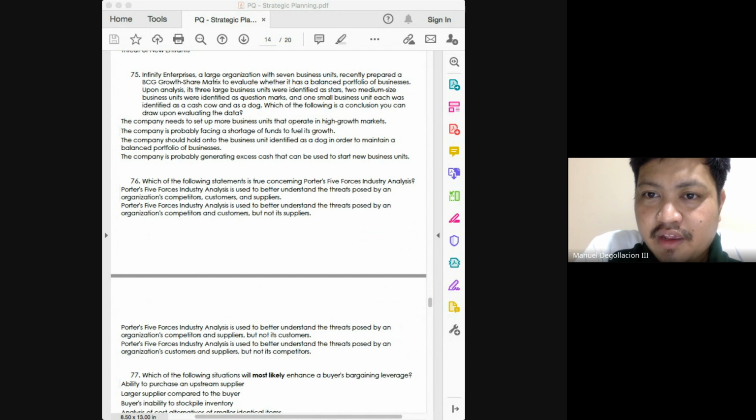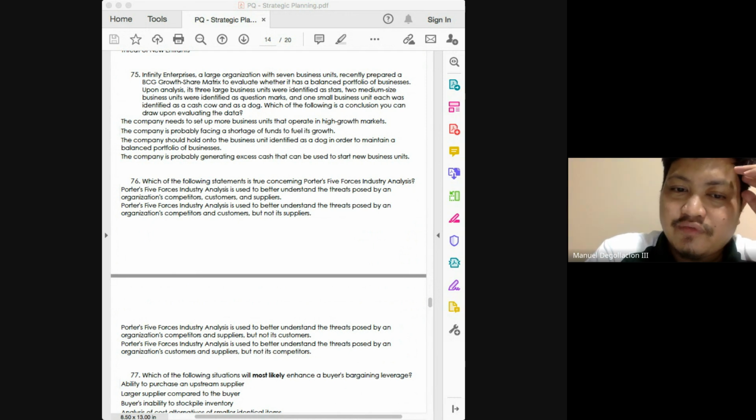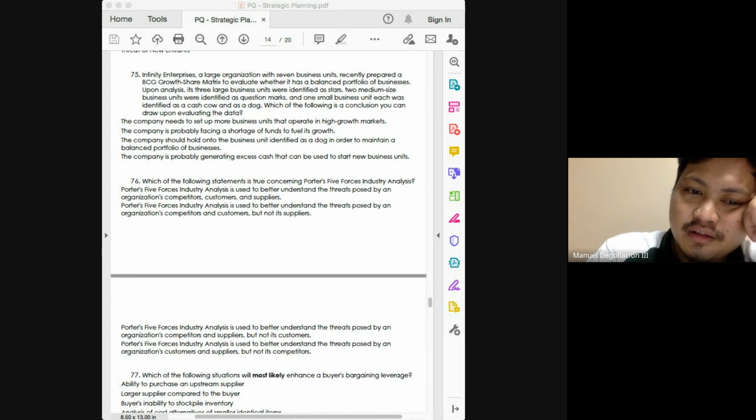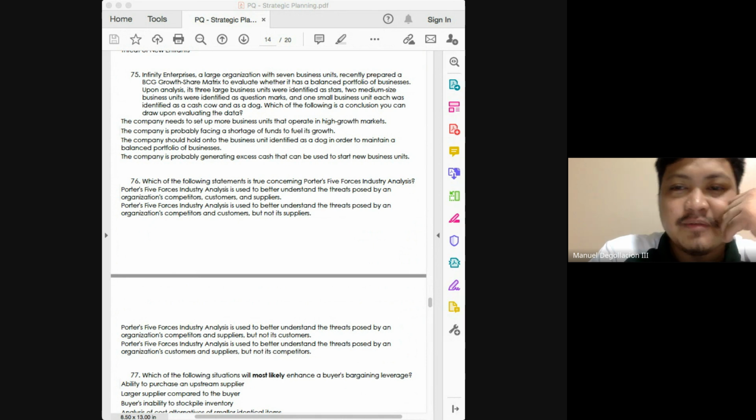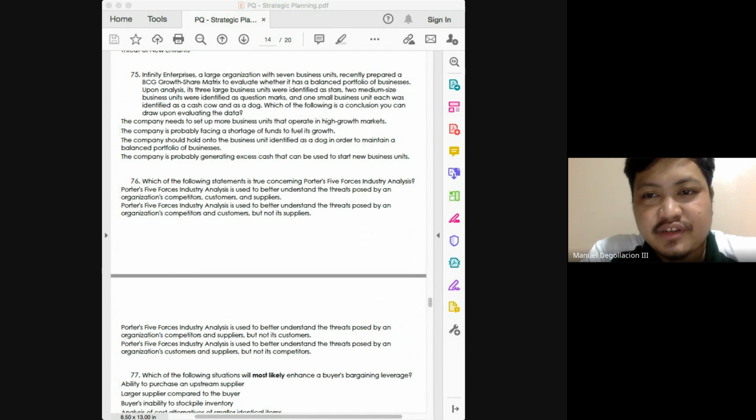For a cash cow, you employ harvest strategies. You try to maximize the revenues you can earn from this kind of product. For your dog, you employ a divest strategy, the exact opposite of your stars. If possible, you let go of these kinds of products, services, or business units.